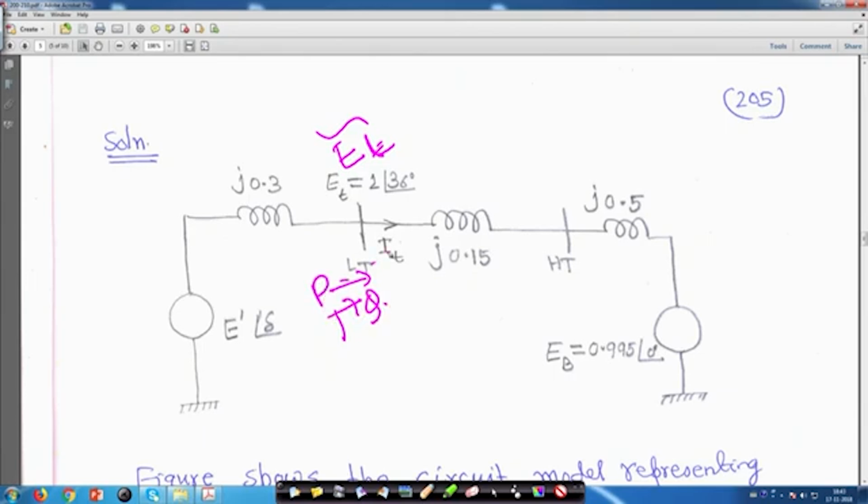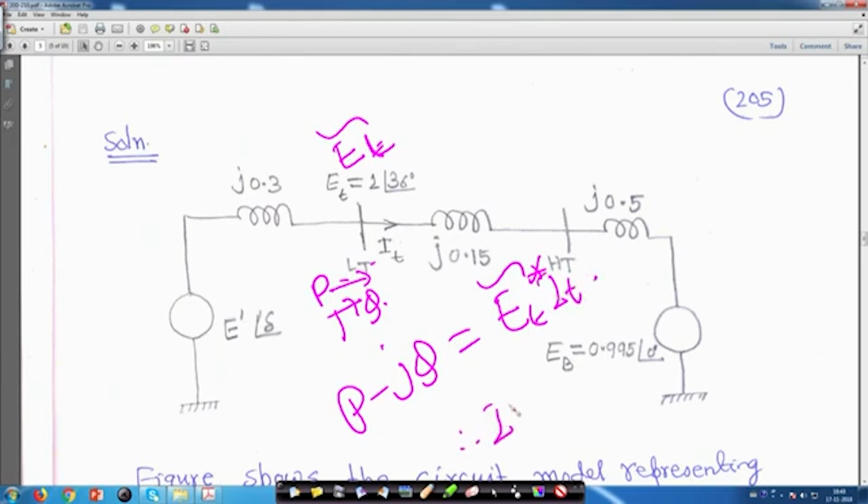You know from load flow studies that the power injection P minus j q can be written as E t conjugate times I t, the current flowing through this. That means my I t will be P minus j q divided by E t conjugate, and P is given as 0.9 and Q is equal to 0.3.